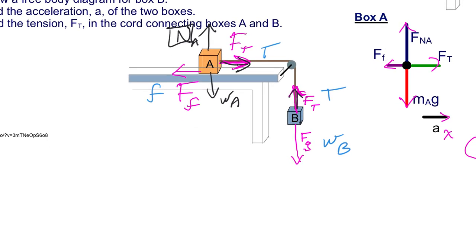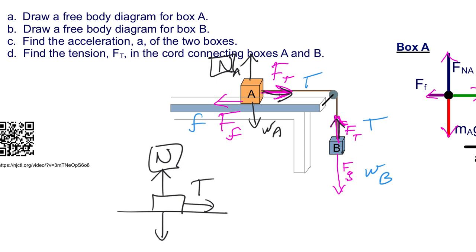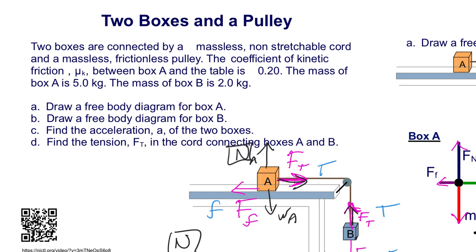Okay, so let's draw the free body diagram, box A. We got tension, we got normal force, we got weight, and then we got some friction. They gave me the coefficient of kinetic friction.